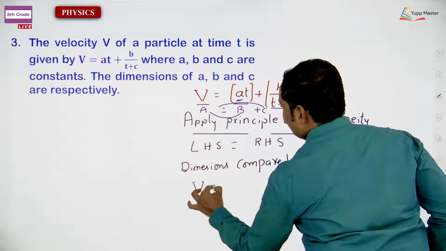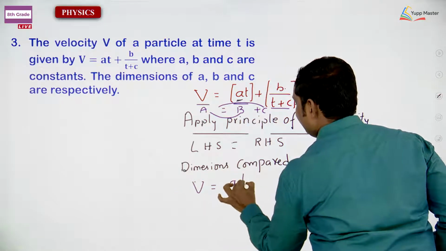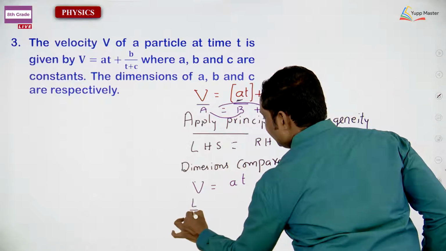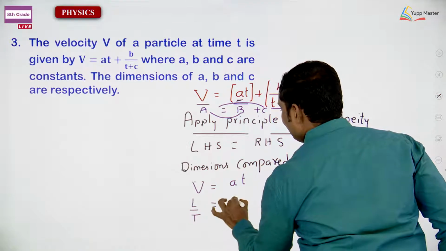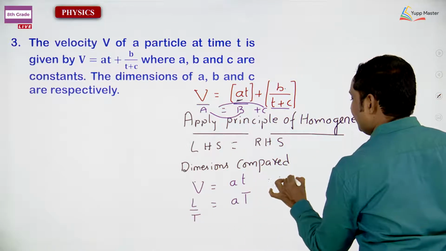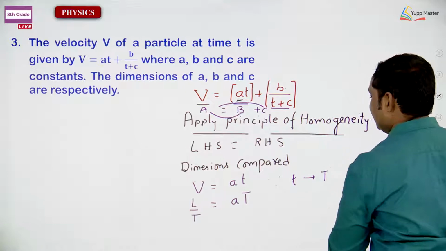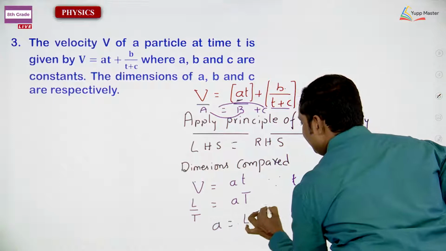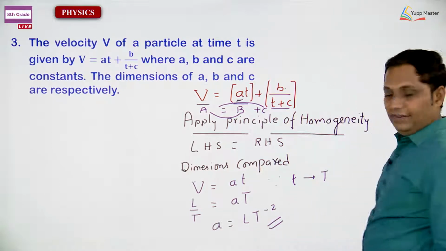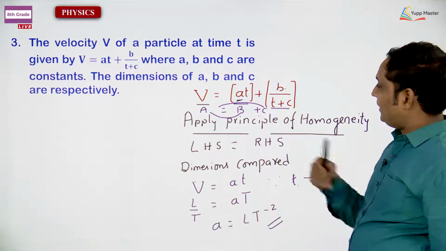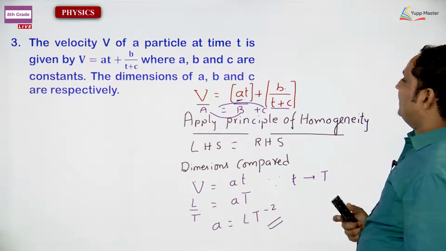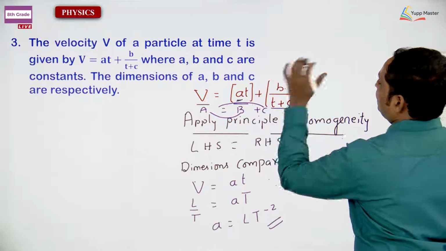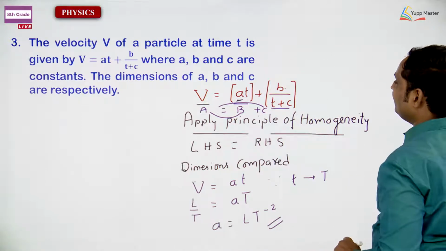Therefore V is equal to A T. Now L by T is equal to A T, since small t can be represented as capital T. Therefore A is equal to L into T power minus 1. That is one we have obtained, and now we solve the rest.